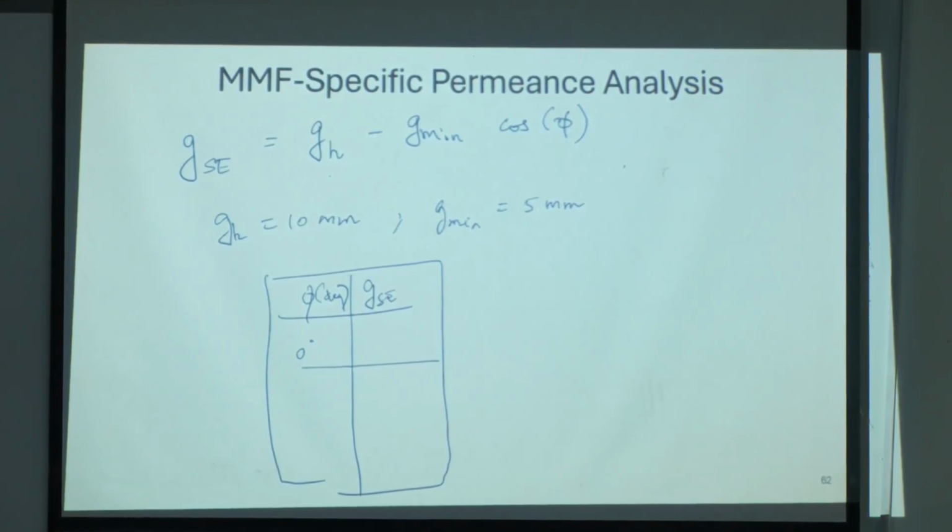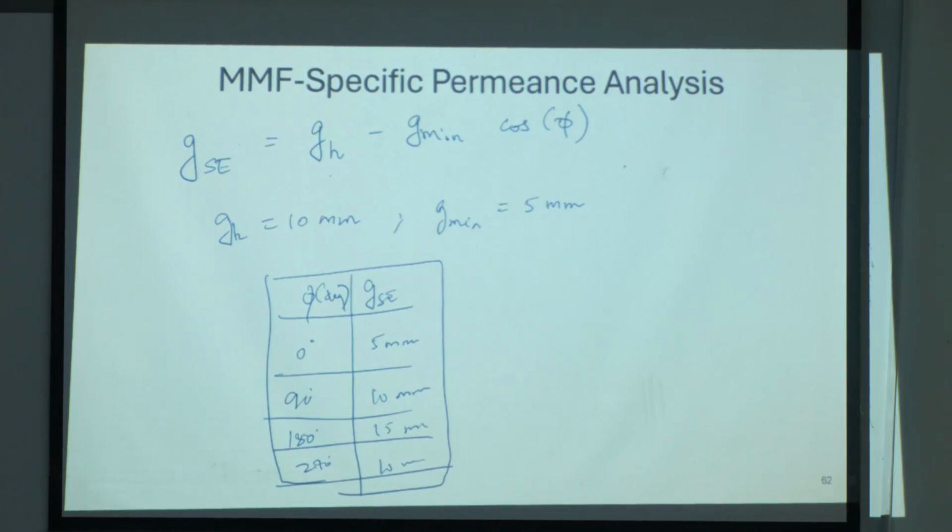So 10 minus 5 into 1, which is 5, gives me 5 mm. What is the 90 degree value? 10 mm, right? 180 degrees will be 15, 270 will be 10 mm, and 360 is the same as 0. So essentially this mathematical expression given in literature is validated.